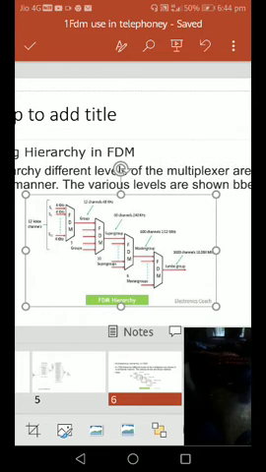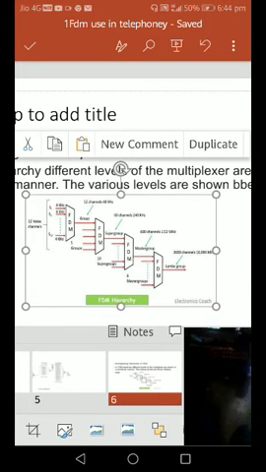Frequency division multiplexing has 60 channels, and the total bandwidth is 48 kHz into 5 groups, so that is equal to 240 kHz. That is the output. We get the super group. That super group of 60 channels is equal to 240 kHz.